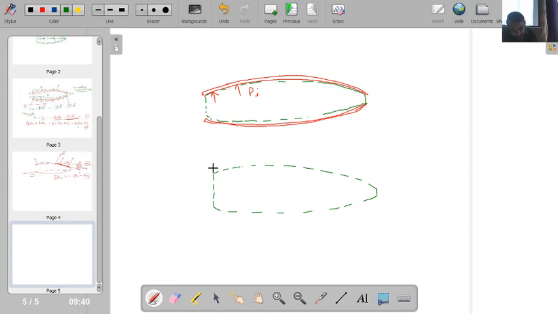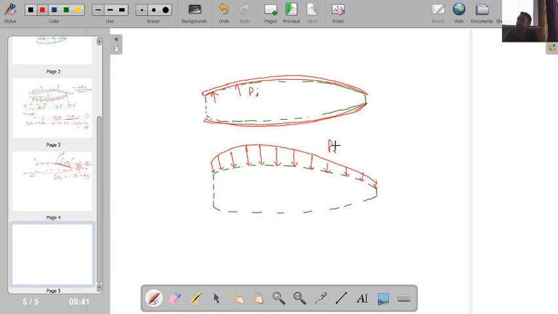So I can say that I have some pressure over here which is acting on this control volume. This will be the distribution of pressure, something like this. This is just a replica of Pi.